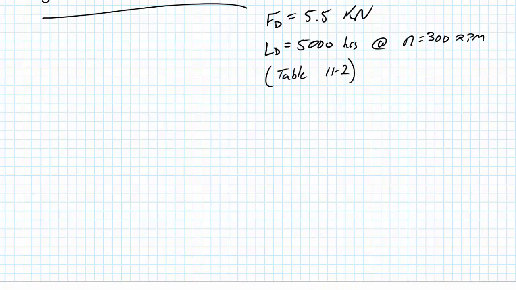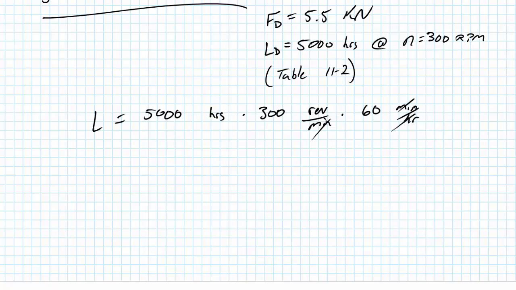So first of all, we need to figure out what is the life that we want to get out of this thing. It's not going to need to be in hours, it's going to need to be in revolutions. So the life is 5,000 hours multiplied times 300 revolutions per minute multiplied times 60 minutes in an hour. That gets rid of everything except the revolutions, which is the number of revolutions we'd like to see.